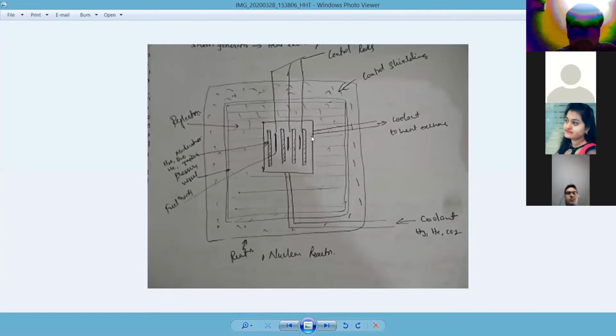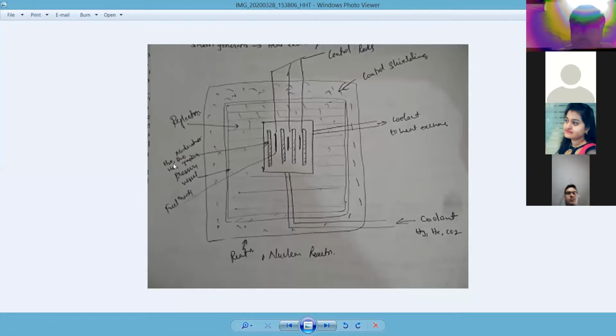Understand, what is the fuel rod, and what type of fuel is used, uranium 235 or plutonium 239. Plutonium 239 is not available naturally, that is a man-made atom, produced with the help of uranium 238.